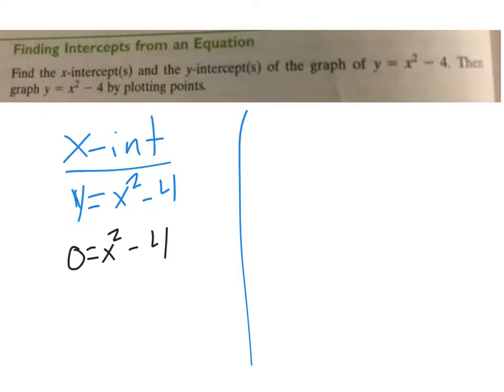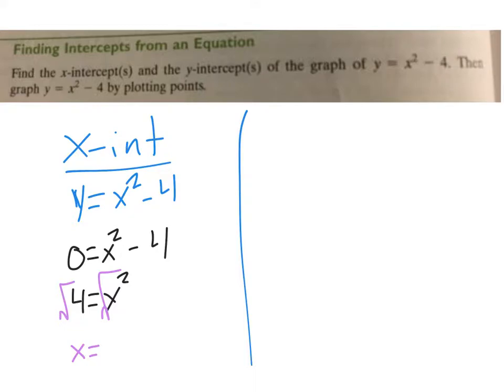Move the negative 4 over. That gives us 4 equals x squared. We're going to take a square root of both sides. Remember what we talked about last section.